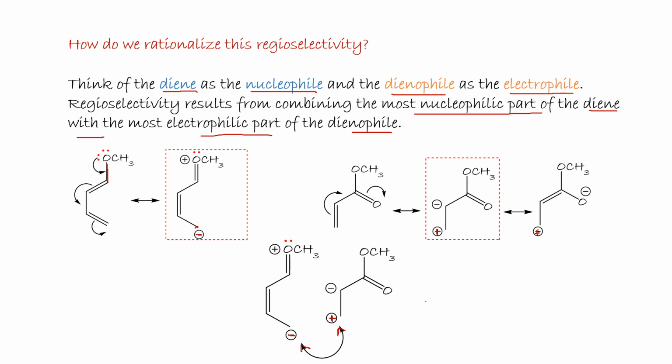So the product will come from the approach of these two species together. Positive here, negative here, so this and this carbon will be 1,2.